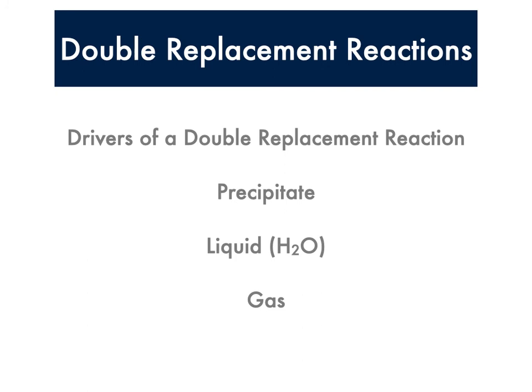Typically this is going to be H2O, and this typically happens in acid-base neutralizations. And the last thing that you might produce in a double replacement reaction is a gas, and that's going to then bubble off. So you're not just talking about mixing 2 containers of ions, you're actually forming some kind of a bond there. And so if you don't have one of those 3 things, a solid, a liquid, or a gas, if it's just AQ all the way through, then a double replacement reaction isn't really a reaction, it's just mixing.